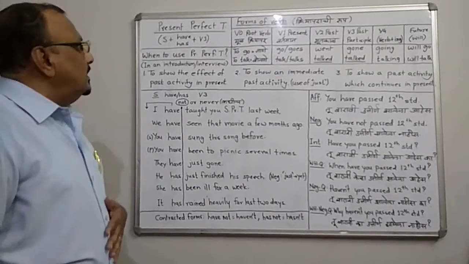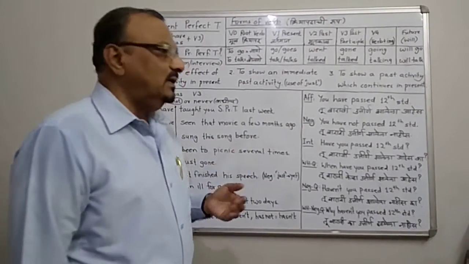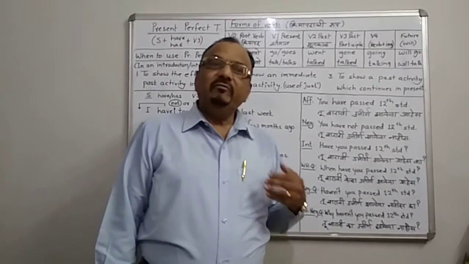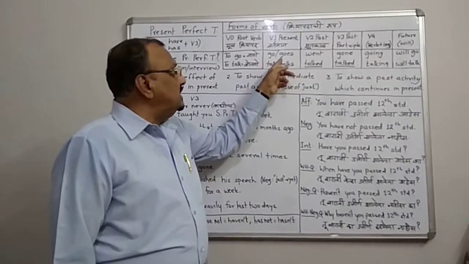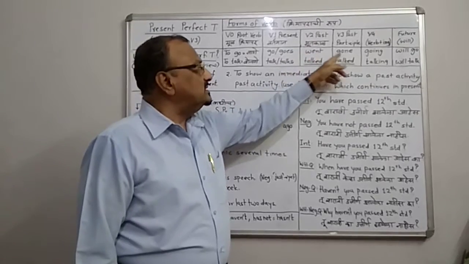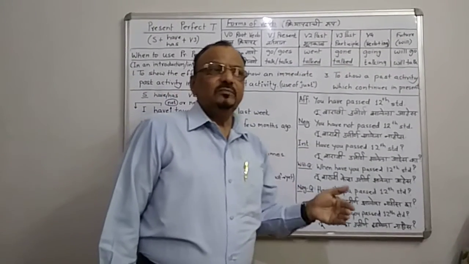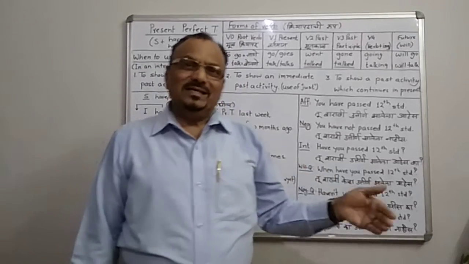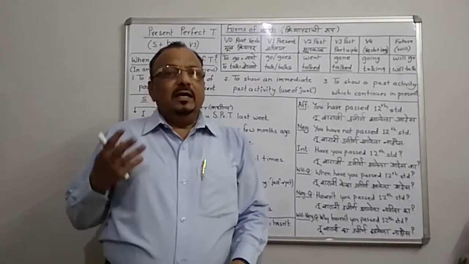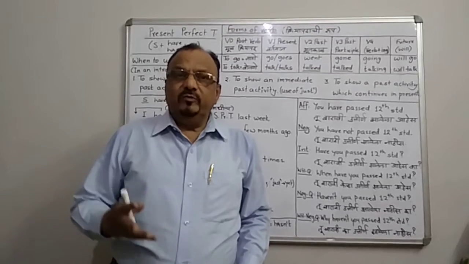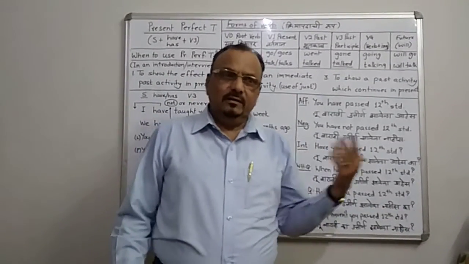Okay. Now there are so many examples. We normally say that I have read this book. Read is again read, reads, read, read. Spelling remains same, but the pronunciation is read. I have read this book. म्हणजे हे पुस्तक मी वाचलेलं आहे. Okay. I don't want to come with you for a movie because I have seen this movie. मी हे पिक्चर पाहिलेलं आहे.